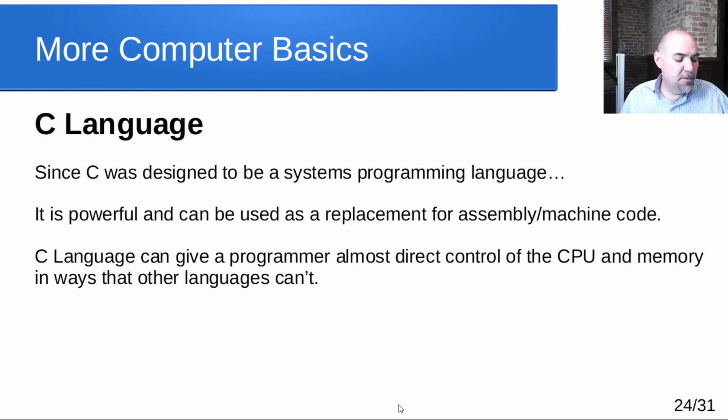For example, you can do things in C that you absolutely cannot do in a language like Java or Python. That's why it was created, as an operating systems authoring language. You just couldn't write an operating system in Python because it can't access the hardware or the memory in the ways that you would need it to.